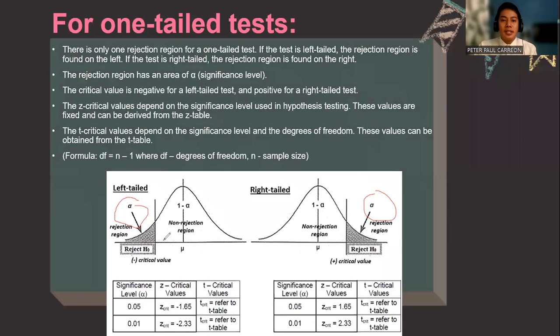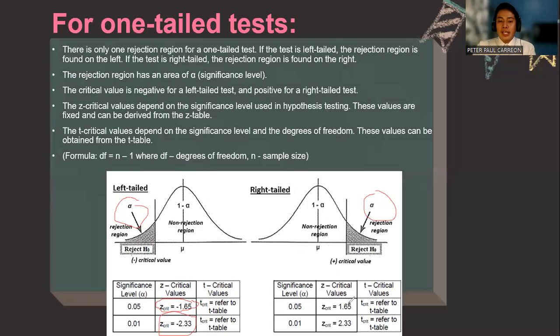Notice that they are either located on the left side or the right side of the distribution, depending on the type of test. The Z critical values depend also on the significance level. For a left-tailed test, the Z critical value is negative 1.65, and for the 99%, we have negative 2.33, respectively.